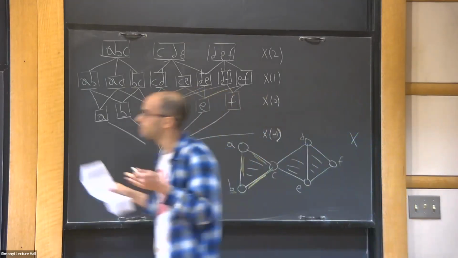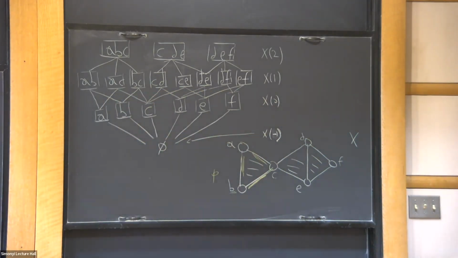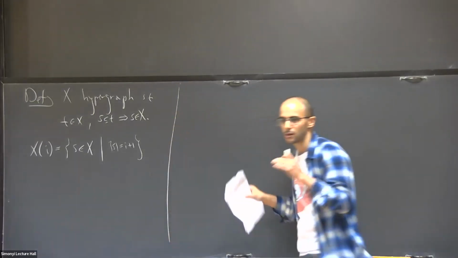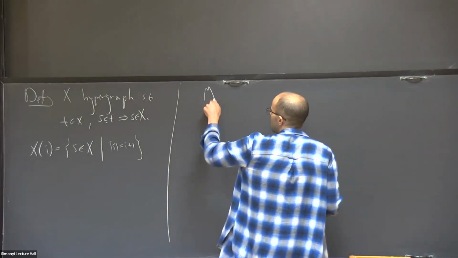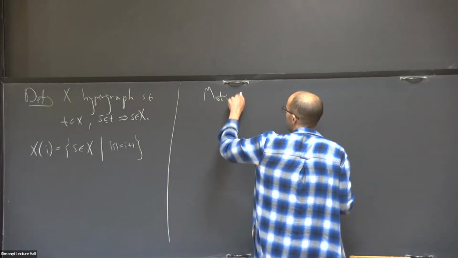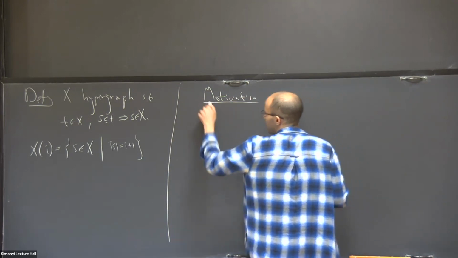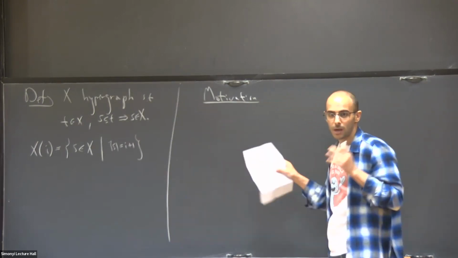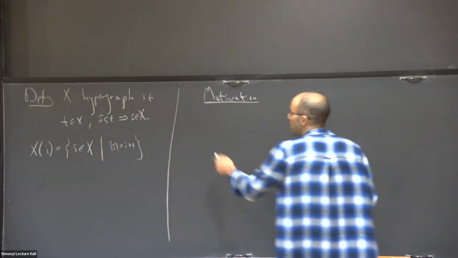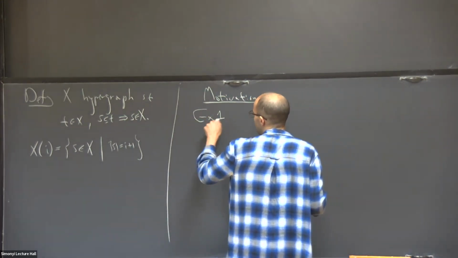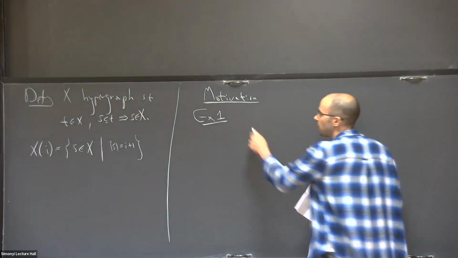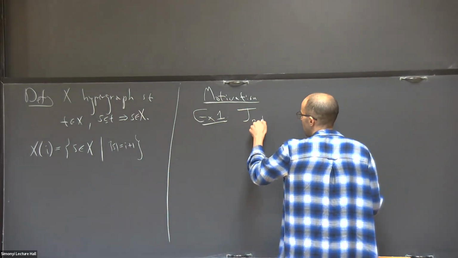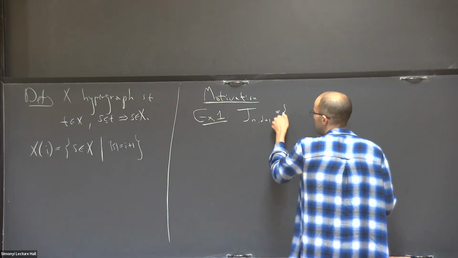Before I try to define high dimensional expansion with respect to these random walks, let me just give some motivation about why we even care about random walks that look like this. Here are a couple of examples of where these come up. Well, the first example is what we call the Johnson graph. The Johnson graph has two parameters, n and d+1.